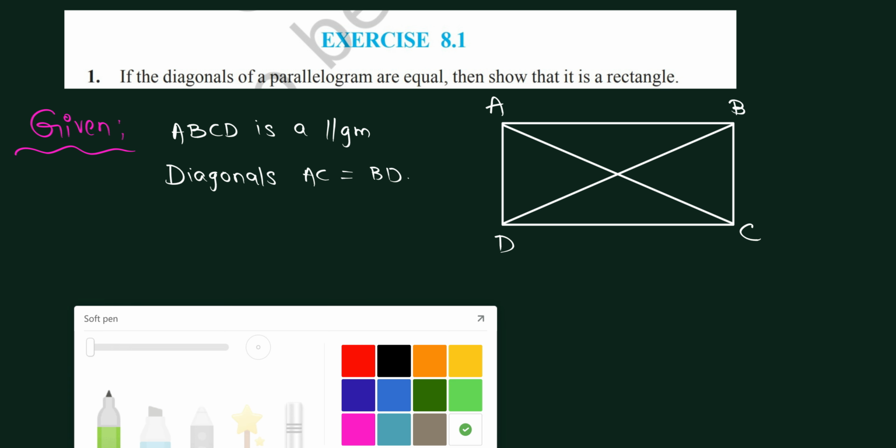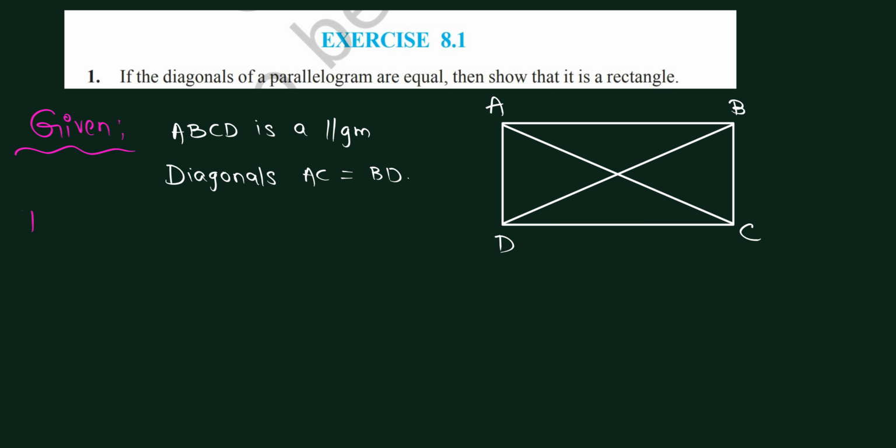So what do we need to prove? To prove: ABCD is a rectangle.